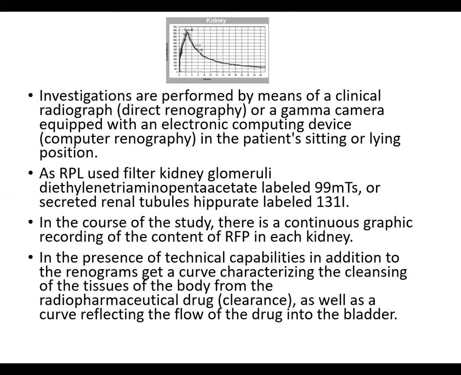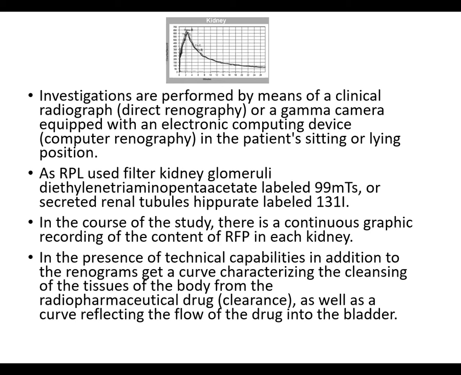Investigations are performed by means of a clinical radiograph, we call it direct renography, or a gamma camera equipped with an electronic computing device, computed renography, with the patient in a sitting or lying position.